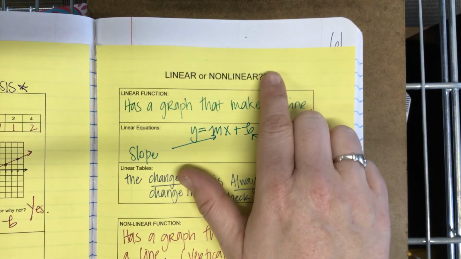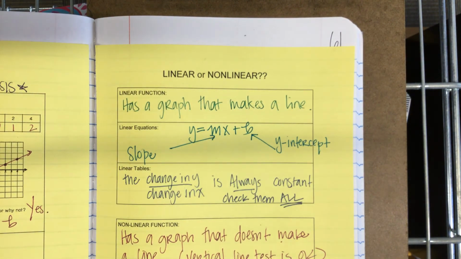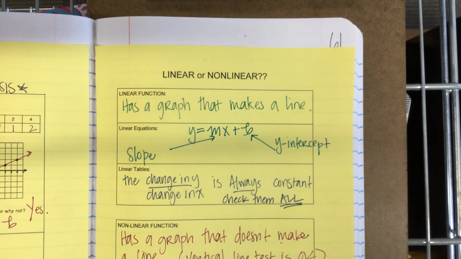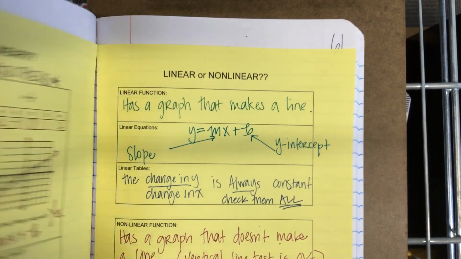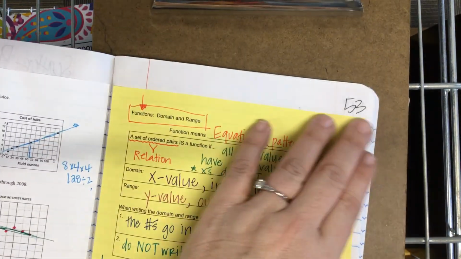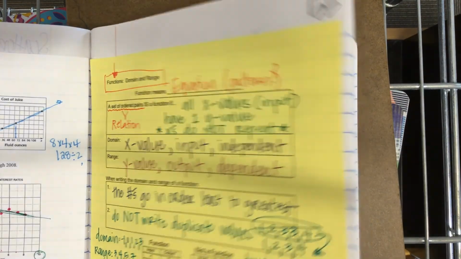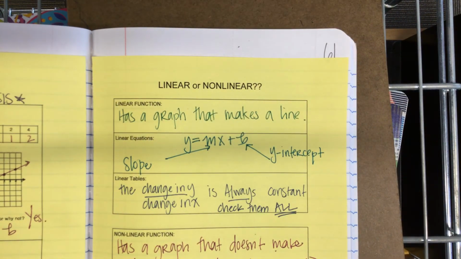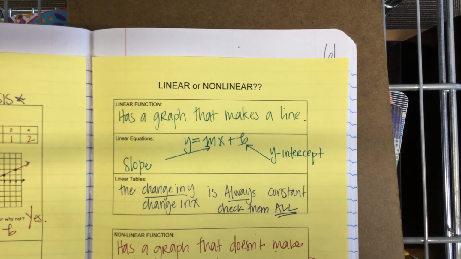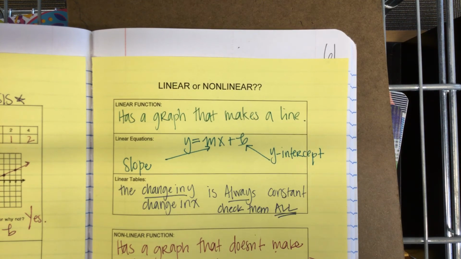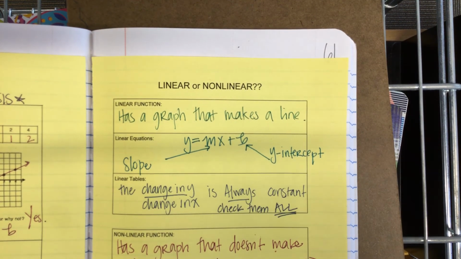How do you know it's not a function? Someone give me one example that would say automatically, no, that's not a function. You could turn back in your notes to page 53. Page 53 is where you're going to find the information on not a function.